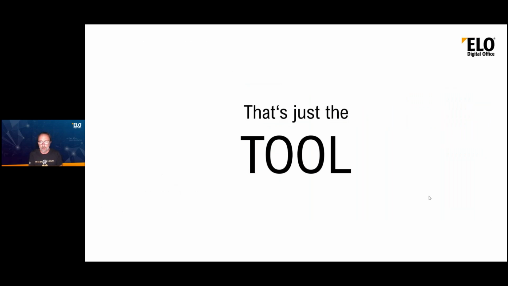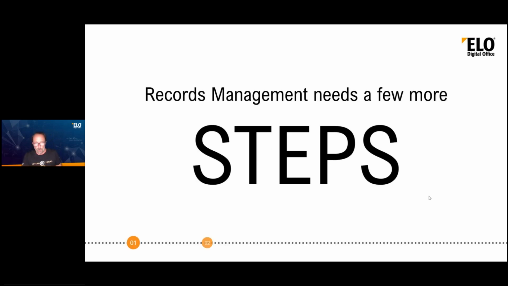And it's not only the tool which you need for records management, you need some more things to establish a records management solution in your company, in your organization. It needs a few more steps. Well, in fact, 5 more steps. Honestly, just 4 more steps, but the first step is very important.